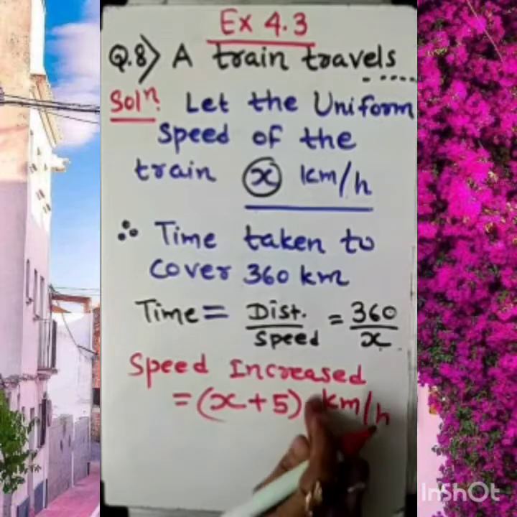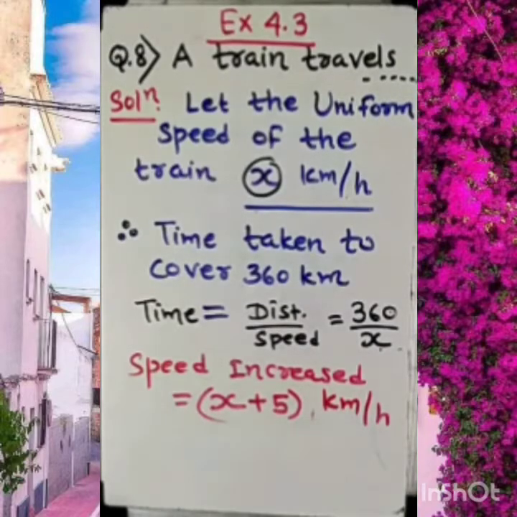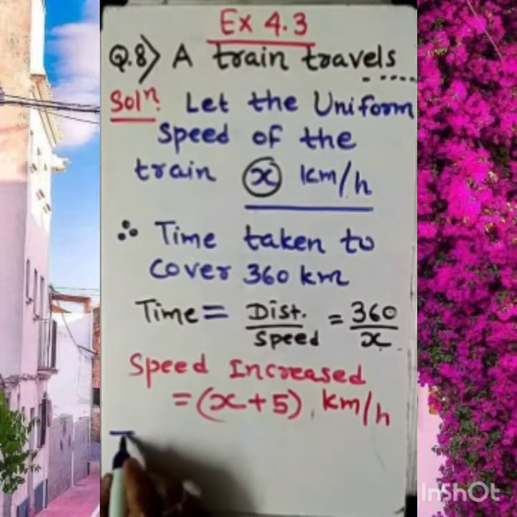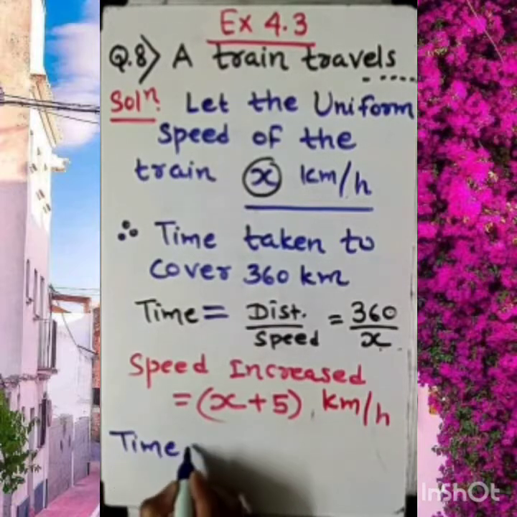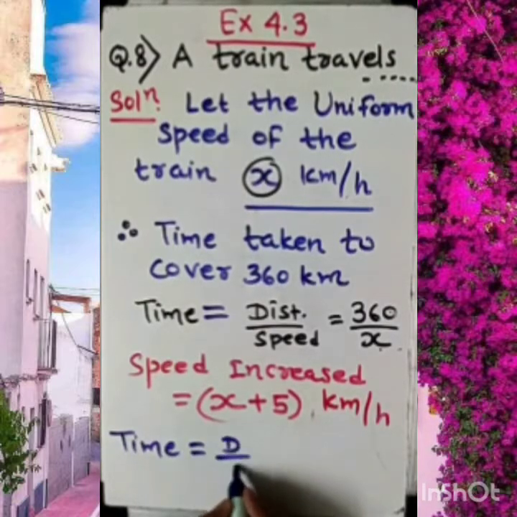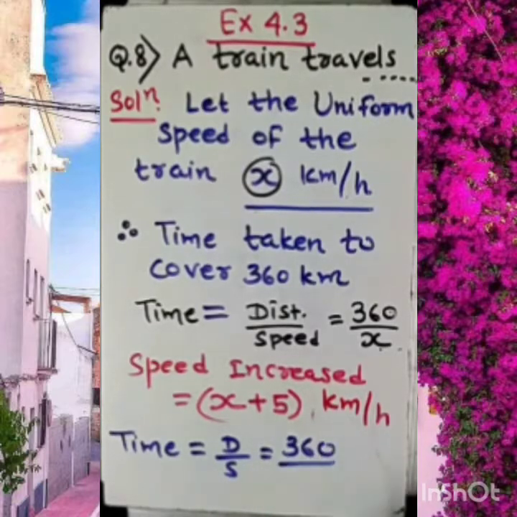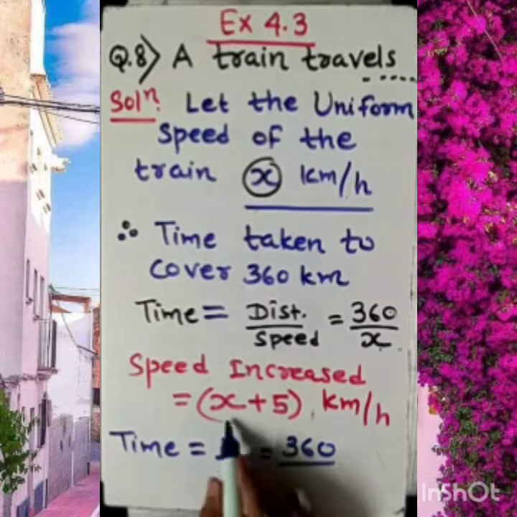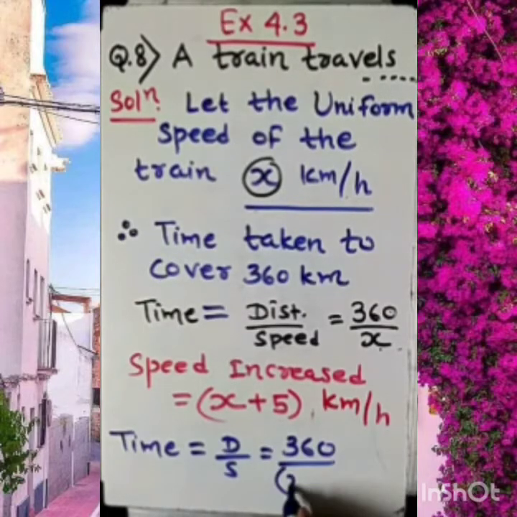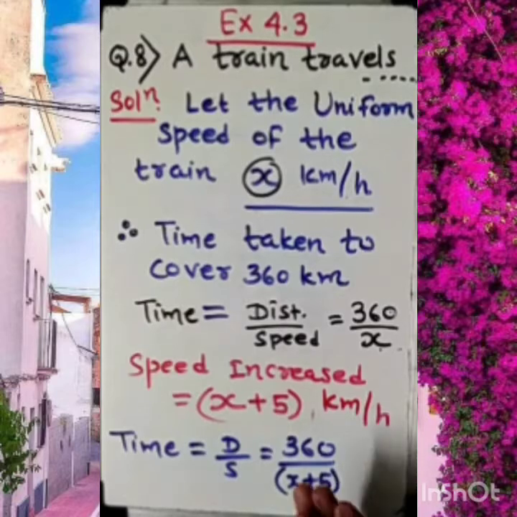The distance remains the same, so again time equals distance upon speed, that is 360 upon x plus 5. But speed is increasing, so time taken will be decreasing. This ratio will be decreased, and this is in hours. This is our second ratio.